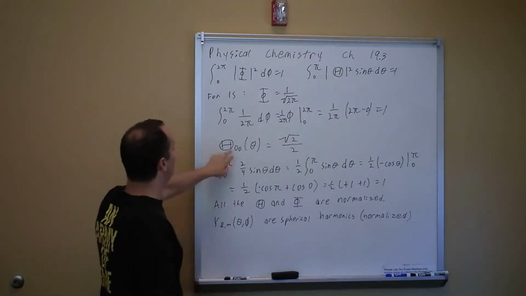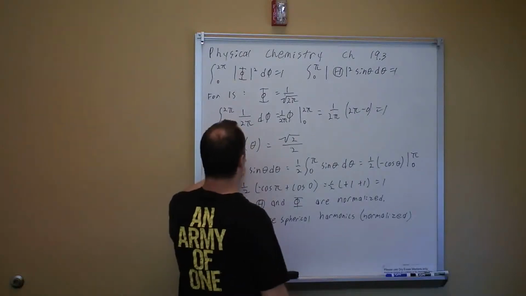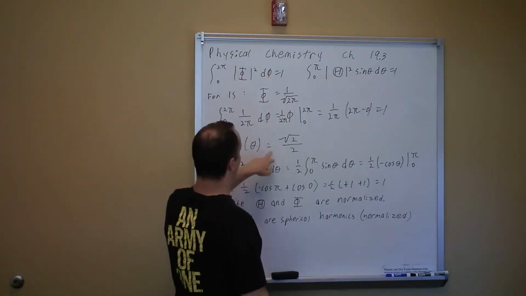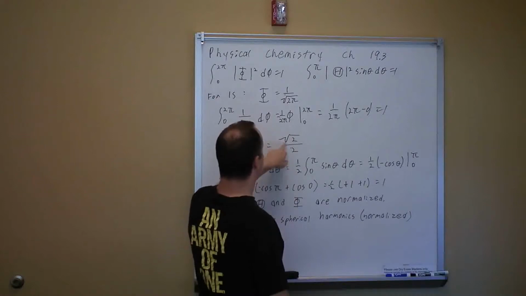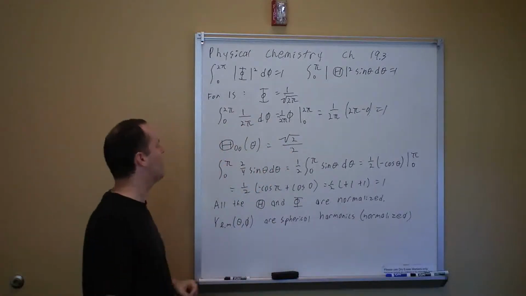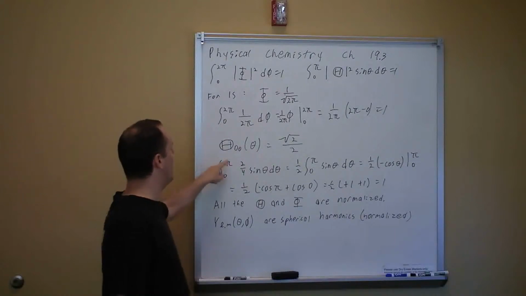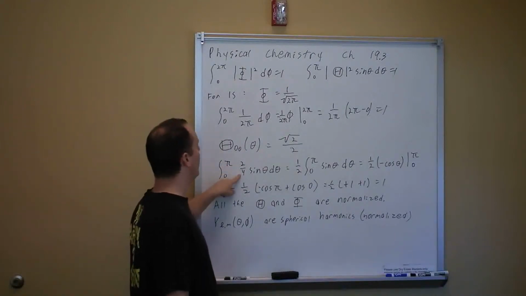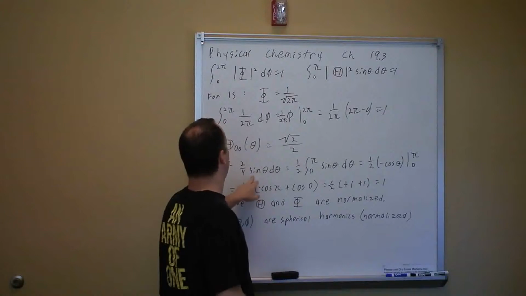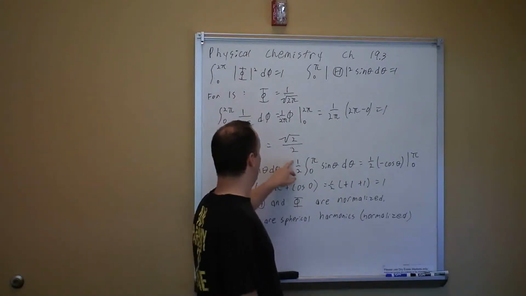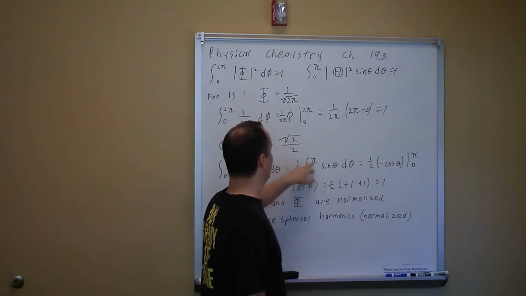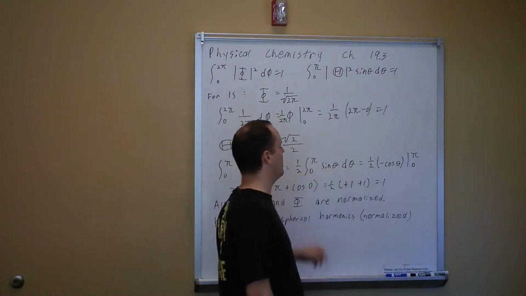Likewise, capital theta for 0, 0, that's our 1s orbital, is root 2 over 2. We showed a few slides ago why that is. So the integral from 0 to pi of 2 over 4, because that's this squared, times sine theta d theta, is 1/2 times the integral from 0 to pi of sine theta d theta.